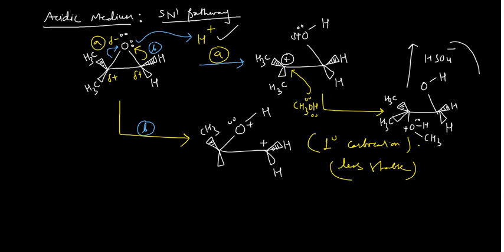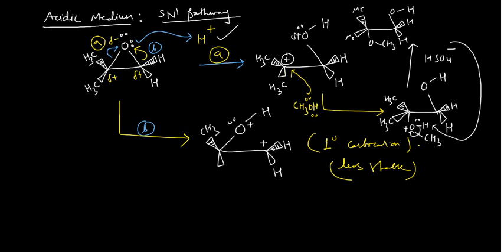This will grab this proton and the electron density will shift over the oxygen and you will have your product, like that: your methyl, your other methyl, and then your O CH3 along with these two hydrogens and another hydrogen here, and then you have the OH functionality. So basically this is your product.